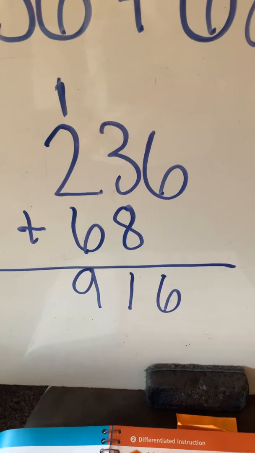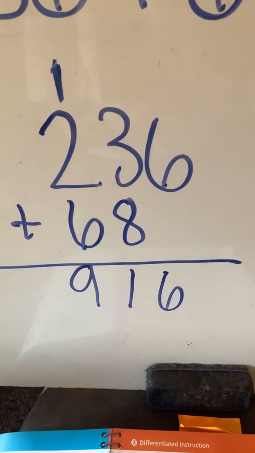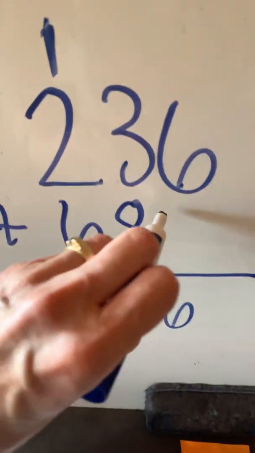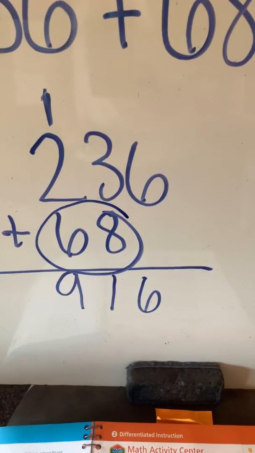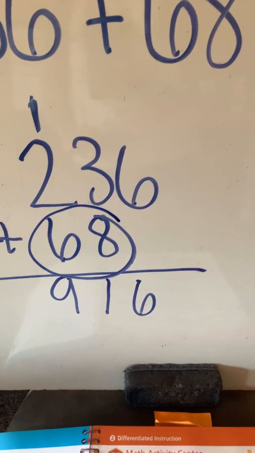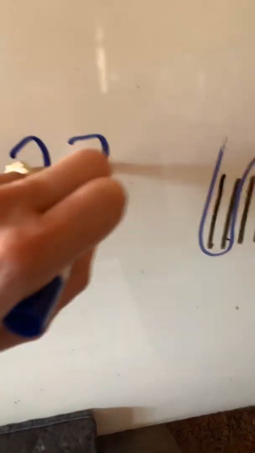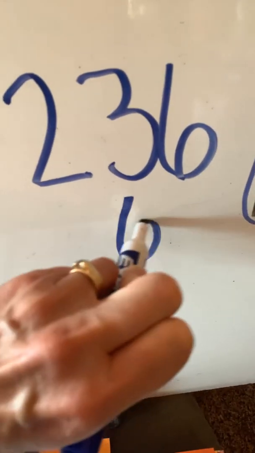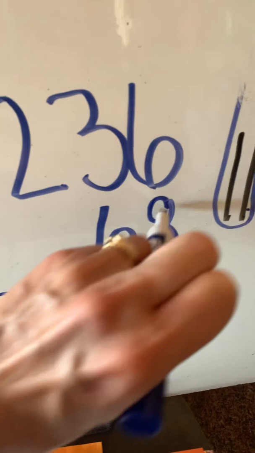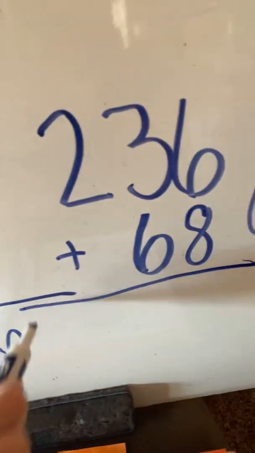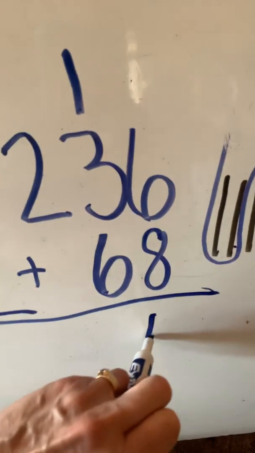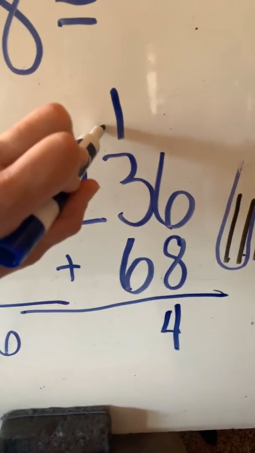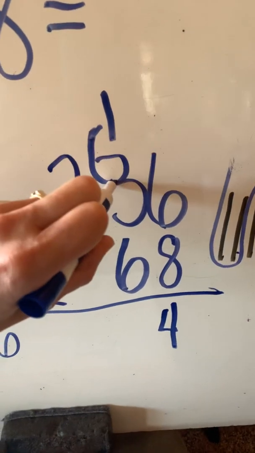Oh, I see it. Do you think the same thing I think and think 68 is written wrong? How should we write 68? You're right. 236 plus 68, what is 60? It's 6 tens and 8 ones. Now let me add it. 6 plus 8 is 14. 1 plus 3 is 4.